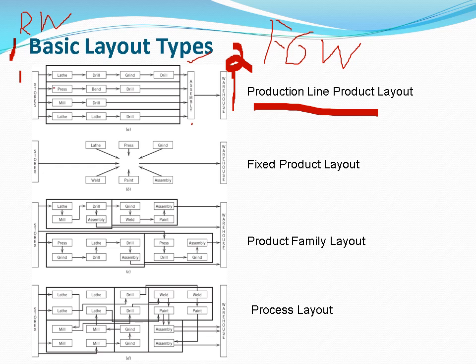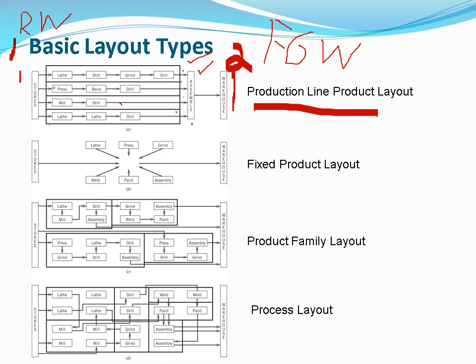Line 2 has 3. Line 3 has 2 processes, while line 4 has 3 processes. And all the work pieces will be in one common area, which is the final assembly.